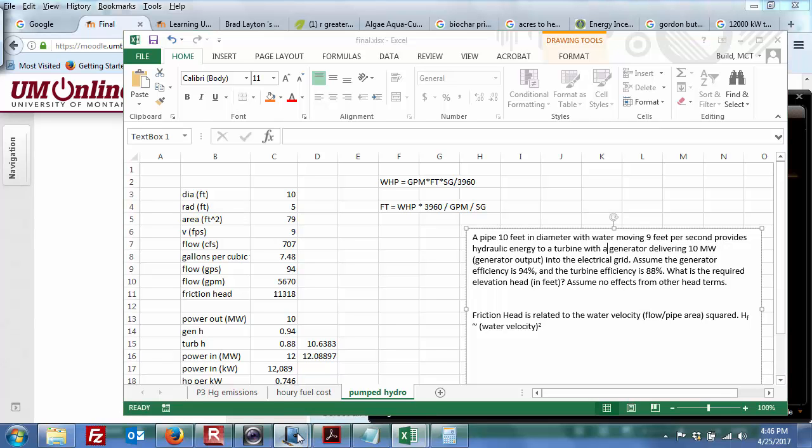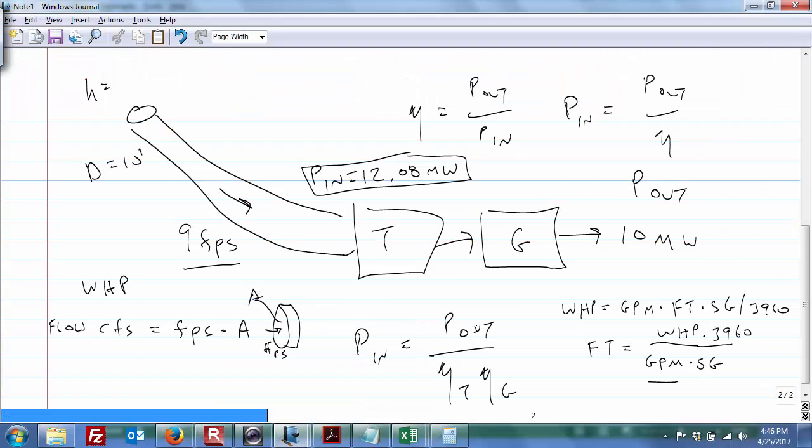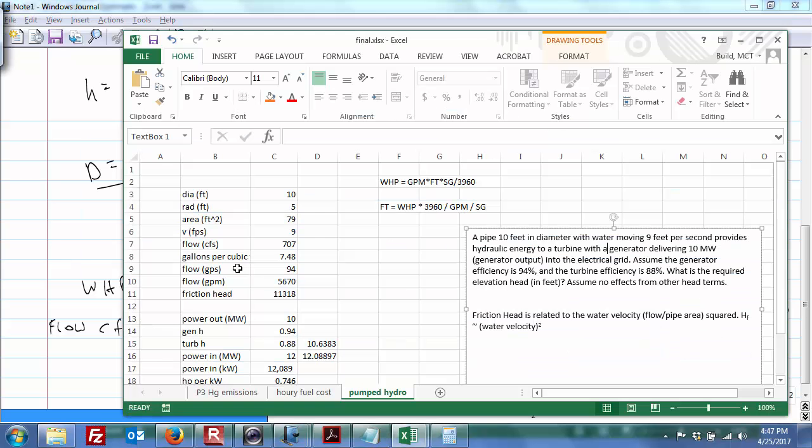So the system, we've got our generator, we've got our turbine, we're putting 10 megawatts out. That means we need to put 12.08 megawatts in, and it's coming from this pipe that is 10 feet in diameter, moving at 9 feet per second.